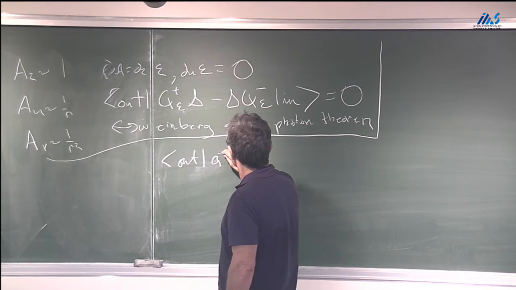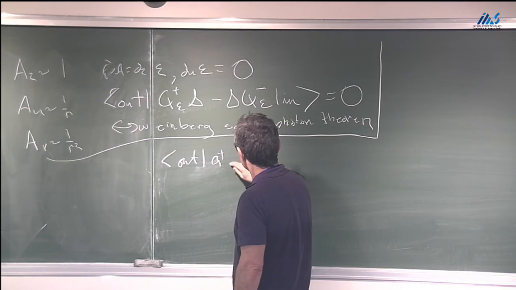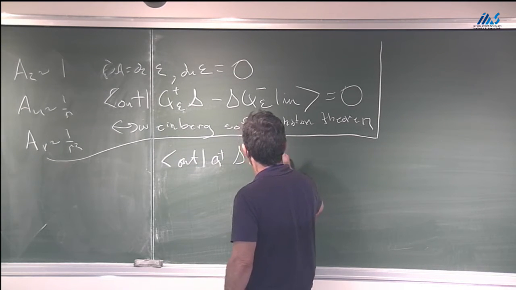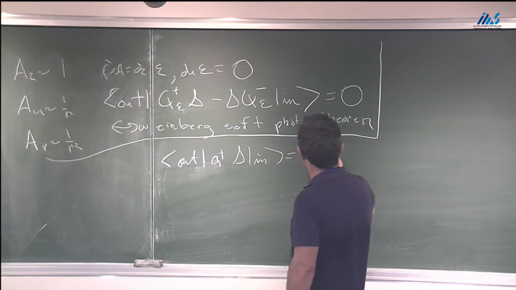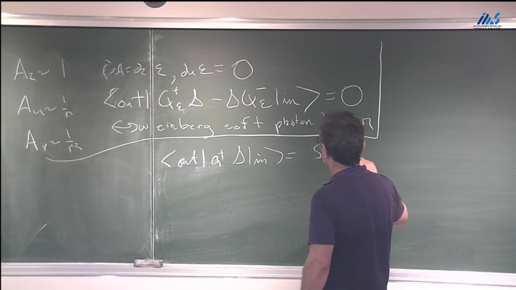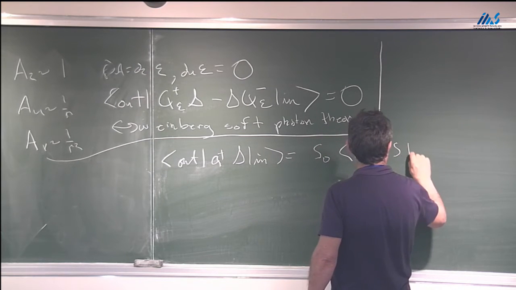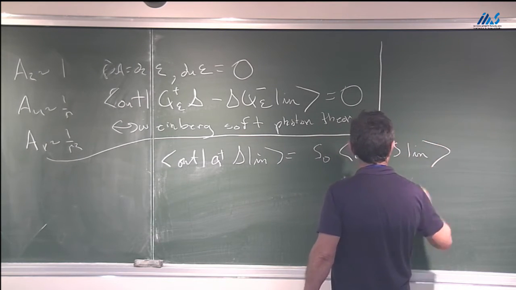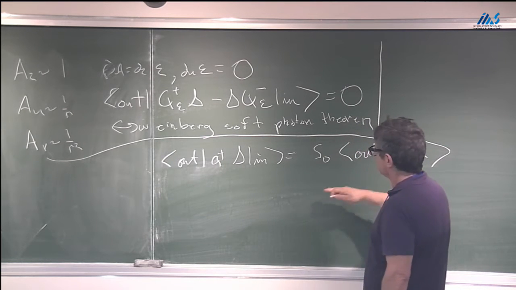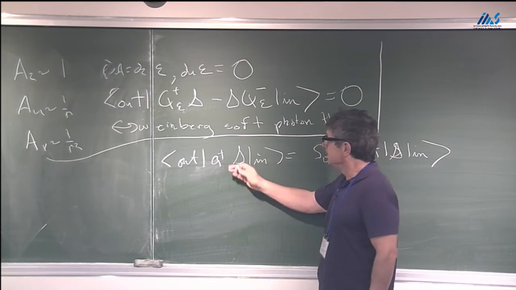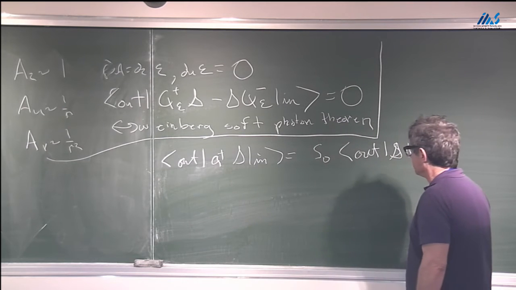There's some kind of soft photon insertion is equal to some soft factor times the same S matrix element. I'll write down this soft factor in a second. The same S matrix element without the extra soft photon.